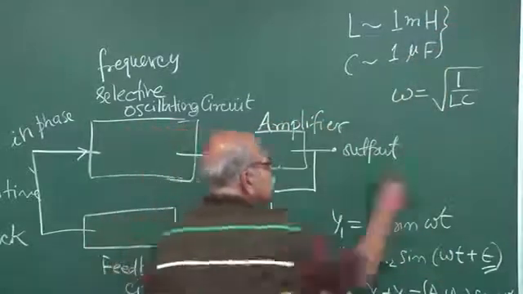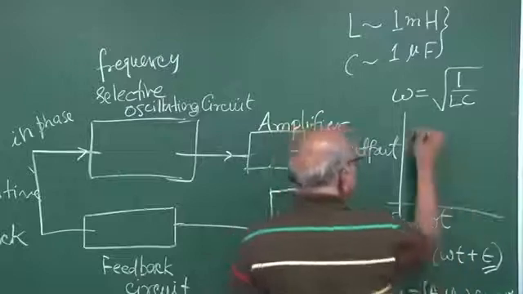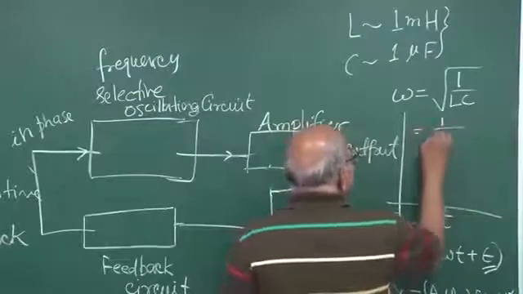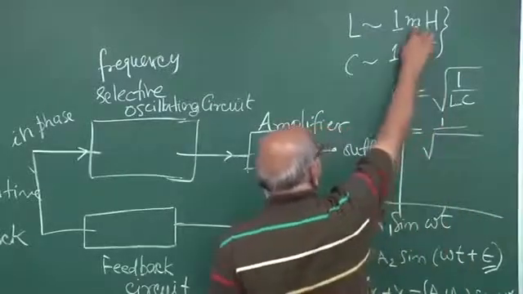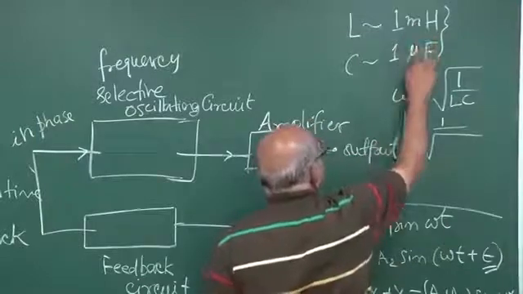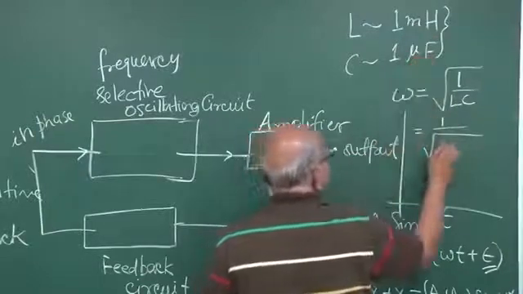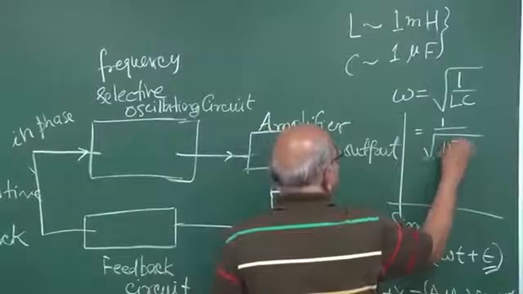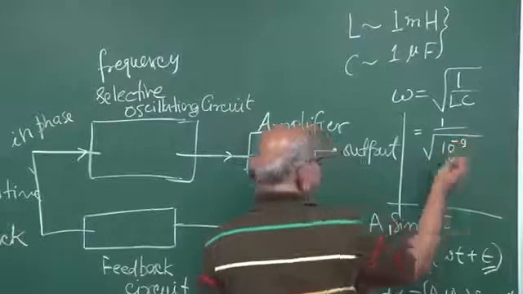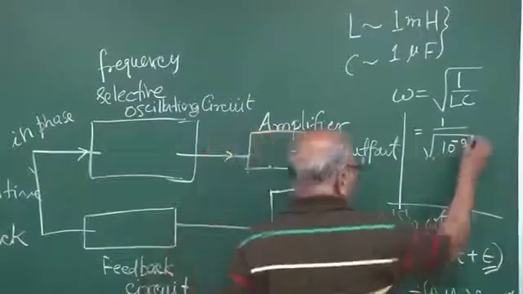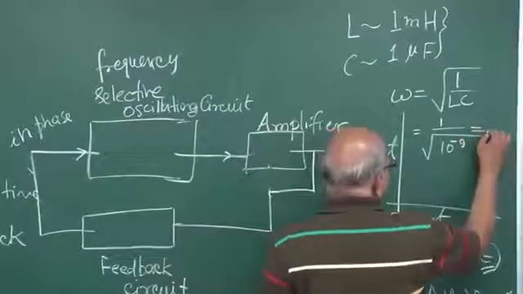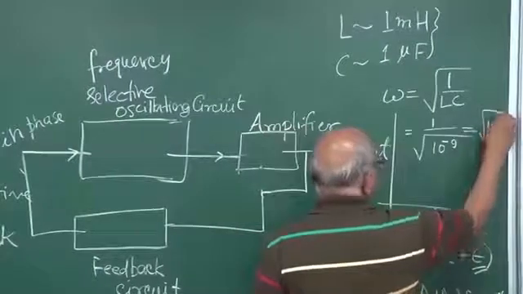So what will this be? This will be the square root of 10 to the power minus 3 here and minus 6 here. So if you multiply, it's 10 to the power minus 9, or it is the square root of 10 to the power 9.